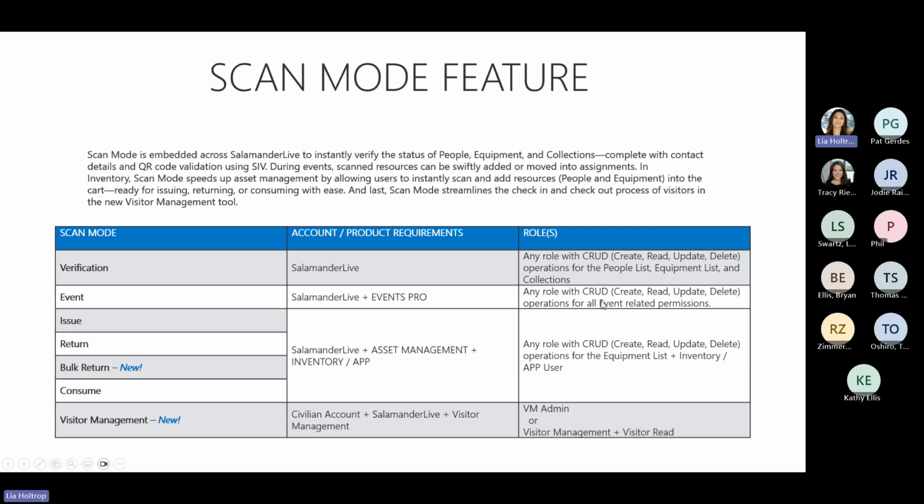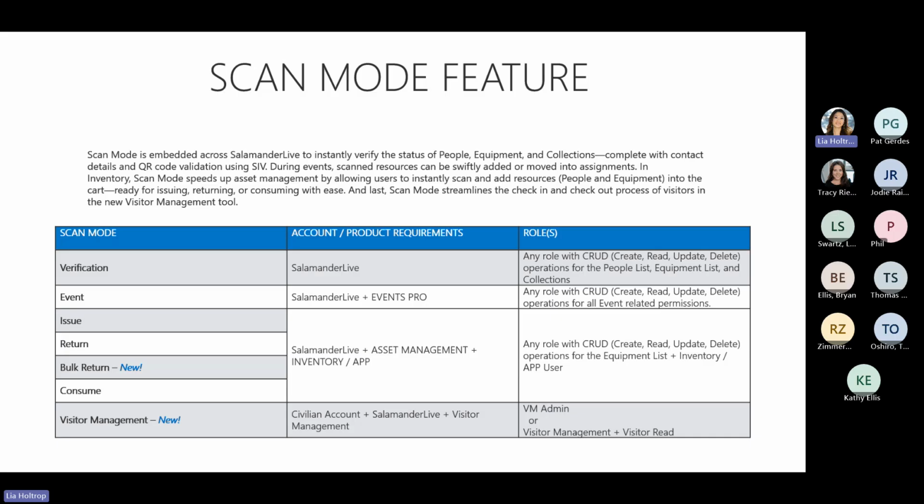On the inventory side, you can see that there's four. There's issue, return, consume. Bulk return is the new one. This we just released 2 days ago with that release we did. With this, you're going to have SalamanderLive, but you also have to be subscribed to asset management and then also need the inventory/app product.